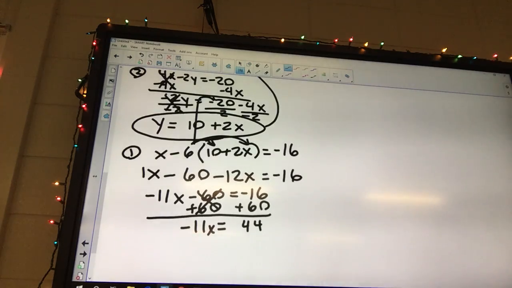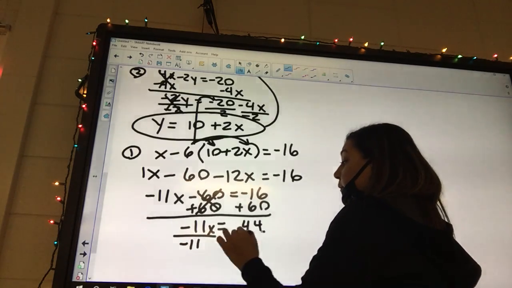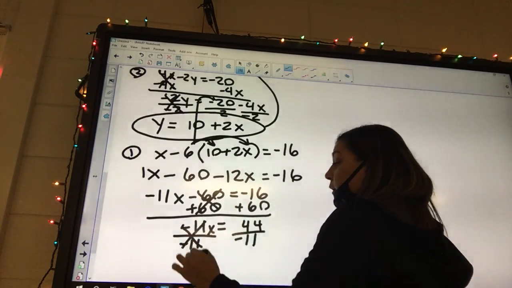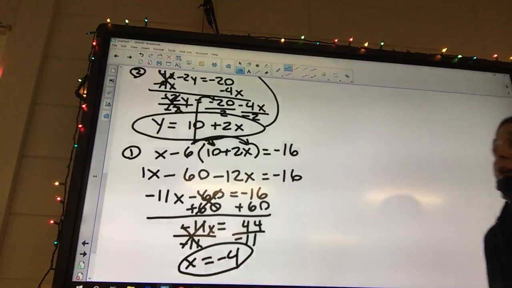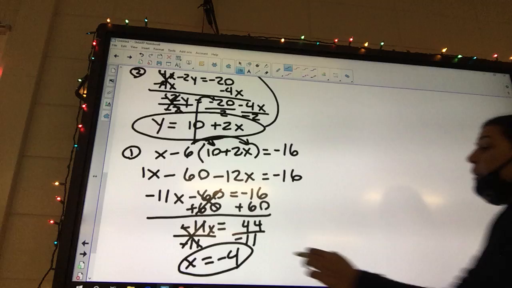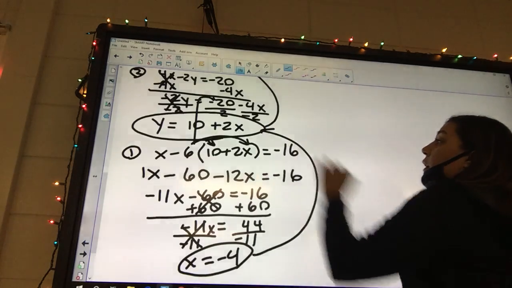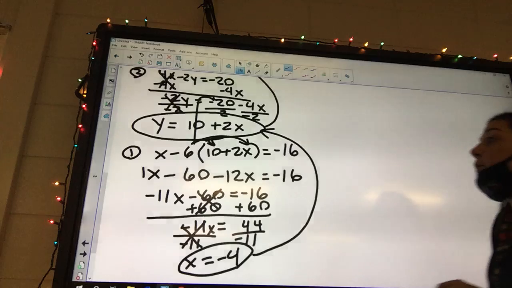Okay, now what? Divide by negative 11. So x equals negative 4. Where does that get plugged into? The problem we circled up here. Everywhere there's an x, we're putting in negative 4.